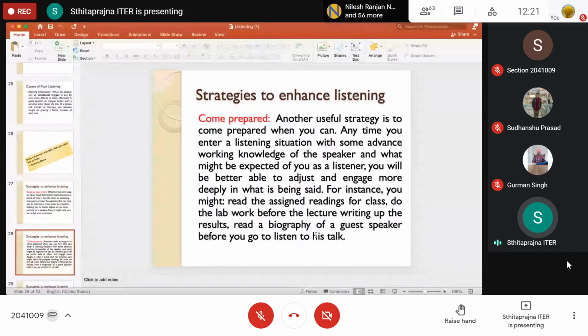If you don't come prepared, then things might get a little difficult for you, and then when things turn difficult, we are distracted. We don't have the patience to listen and understand. We don't listen. So coming prepared to the class is the best strategy, I think.